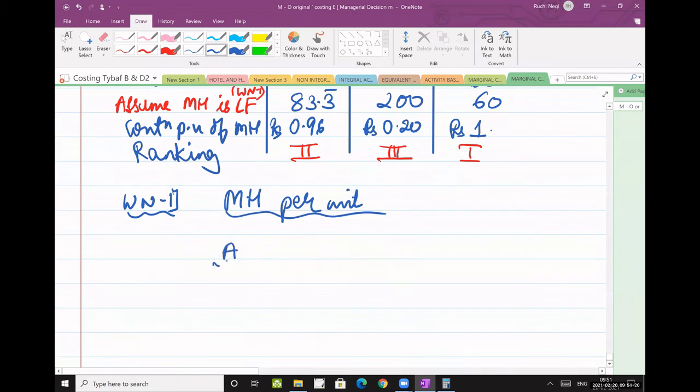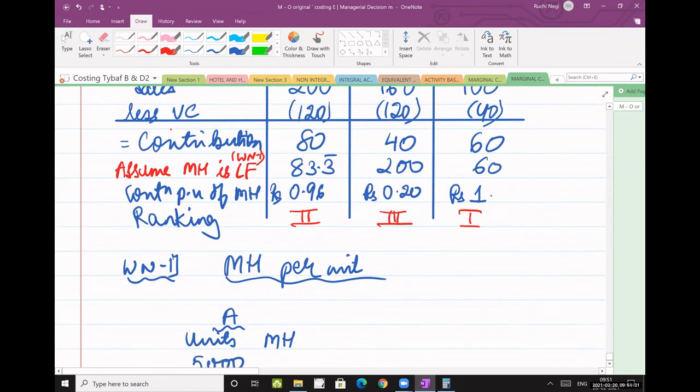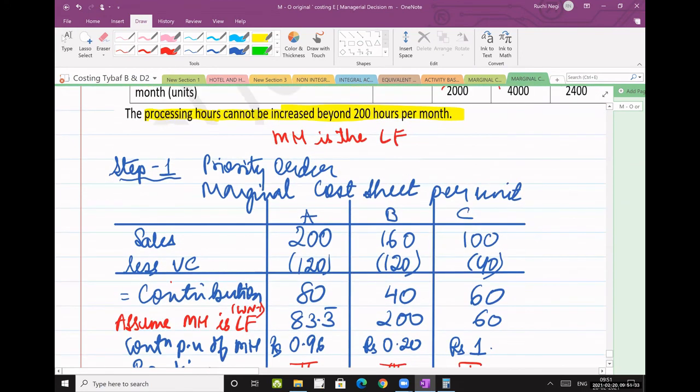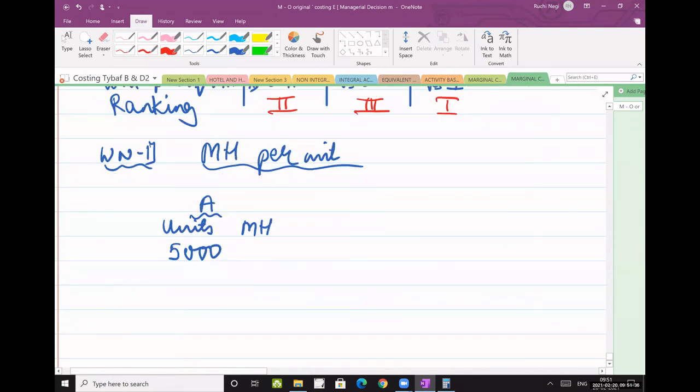For A, units and machine hours: 5,000 units, 60 hours. So for 1 unit, how much?